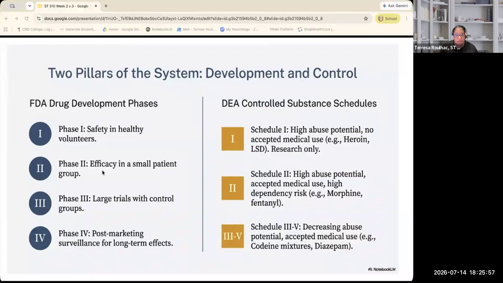Also, understanding where different things happen in each phase is going to be really important. And then looking over here at the controlled substances, look at Schedule 1 versus Schedule 3 through 5. One has 4 phases, one has 5 schedules.